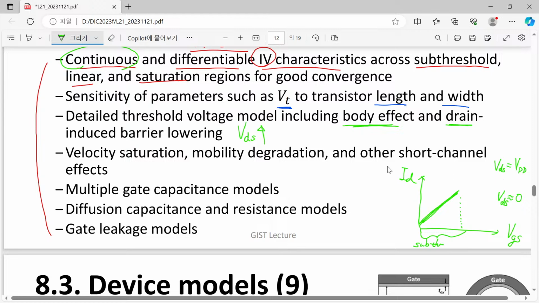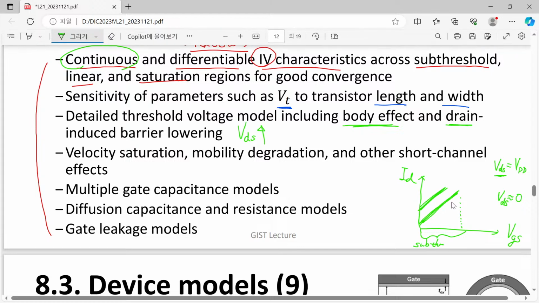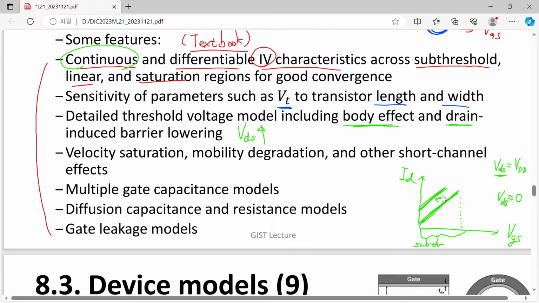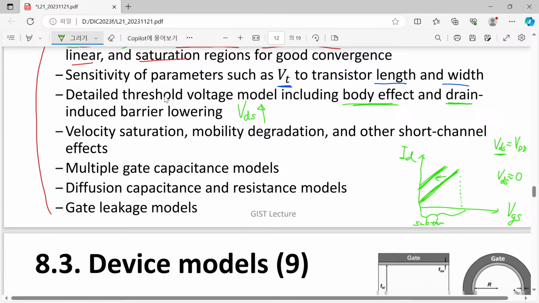However, due to the DIBL effect, when we apply a drain voltage which is quite high, there is a tendency of early turn-on. So you can see that the subthreshold current is increased quite a lot. That is given as DIBL. So this effect can also be modeled in the BSIM model.